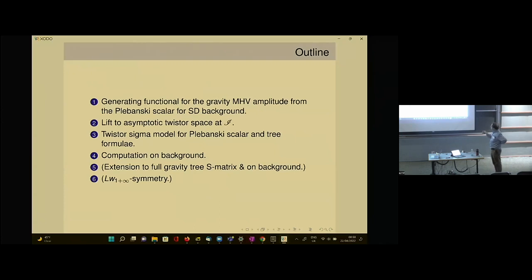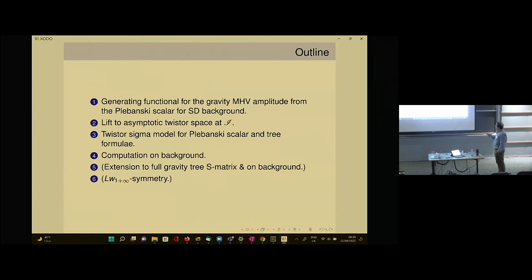So what I want to do is to explain how, at least in the case of the MHV amplitude, we can actually derive this from the space-time action. So we're used to the idea that an amplitude is the evaluation of the action of a perturbative solution.